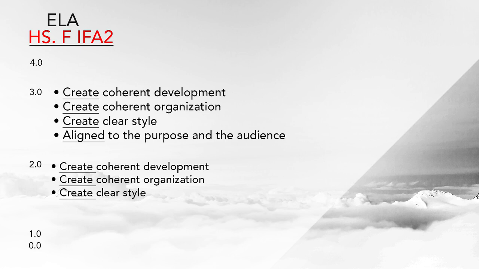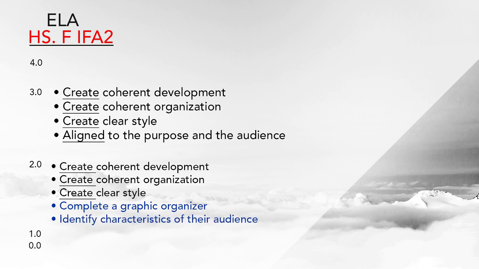Oh, well, maybe they can complete a graphic organizer to show the organization of a piece of writing for a specific task or purpose. Maybe they can identify the characteristics of their audience that they need to meet. Even maybe defining the audience for their intended purpose.